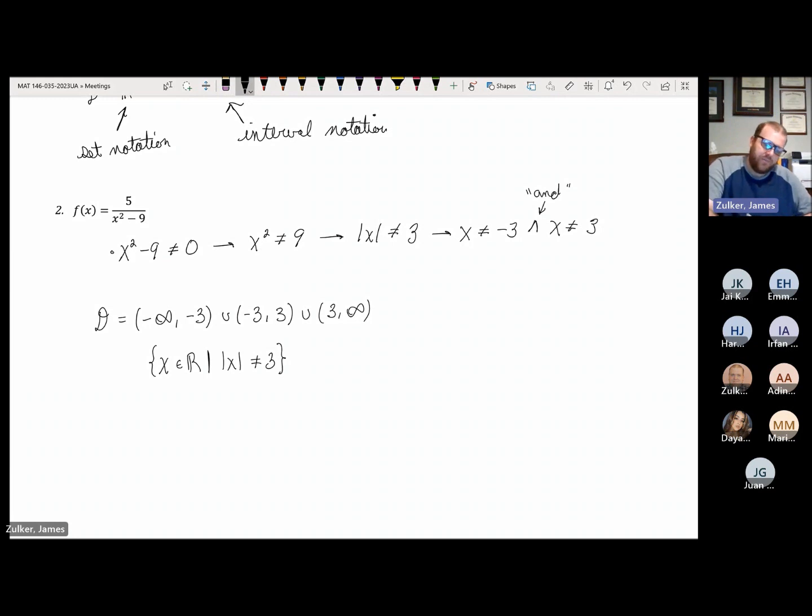All right, so again, this is read the set of real numbers x such that the absolute value of x does not equal 3. Right?